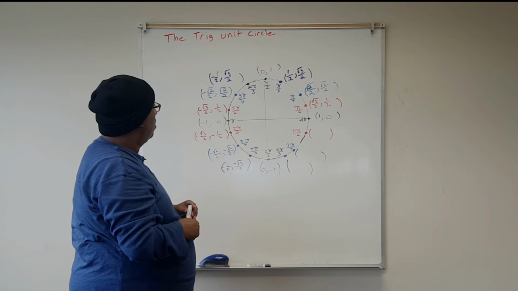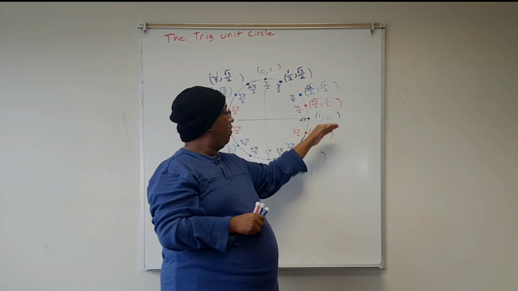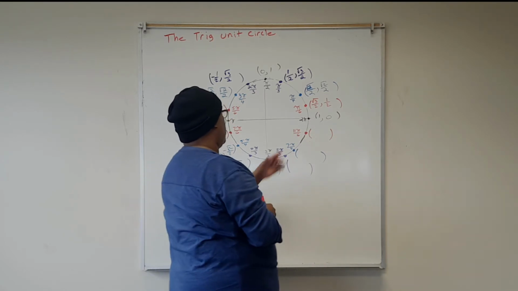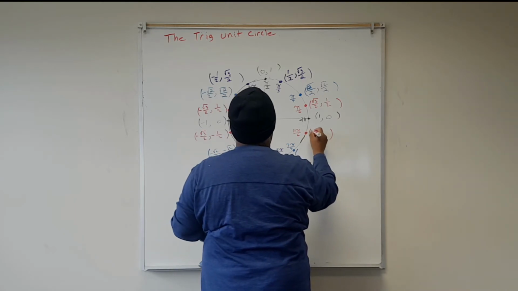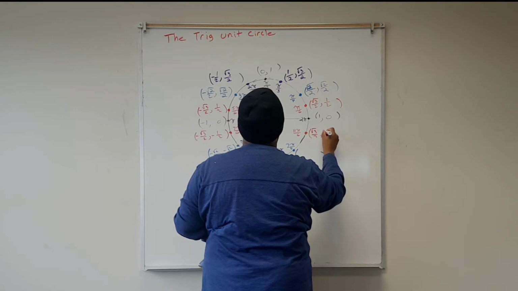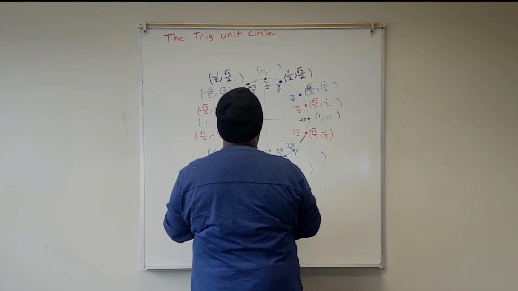Quadrant number 4. In quadrant number 4, the first value is going to be positive, but the second coordinate is going to be negative. So it corresponds the same way again. First one is going to be positive, root 3 over 2, and then 1 over 2, and this one is going to be negative.